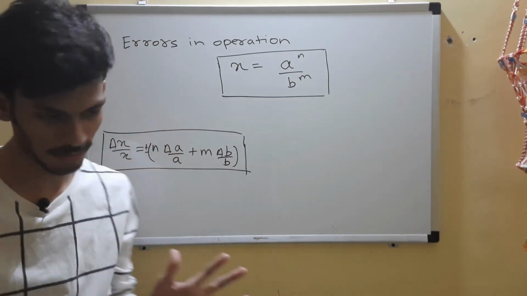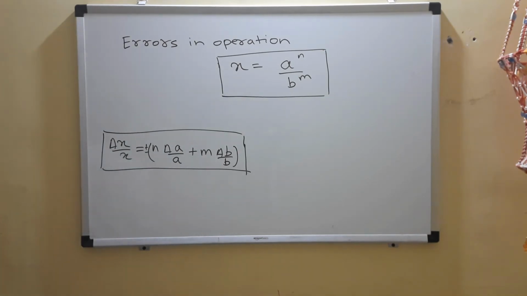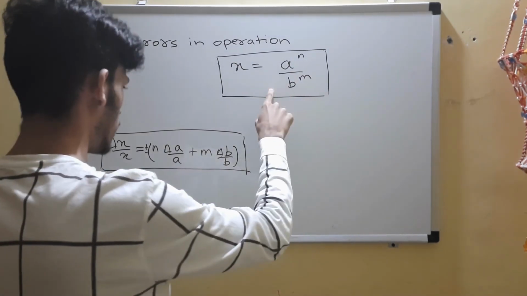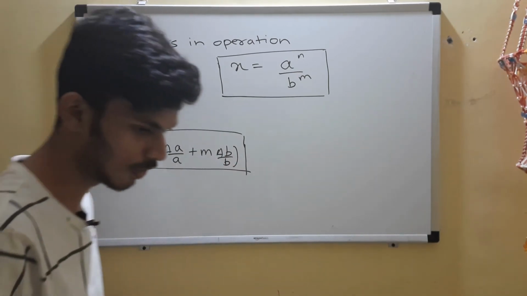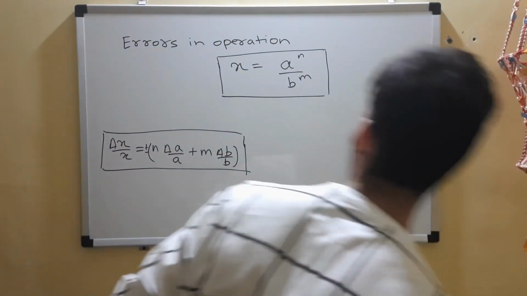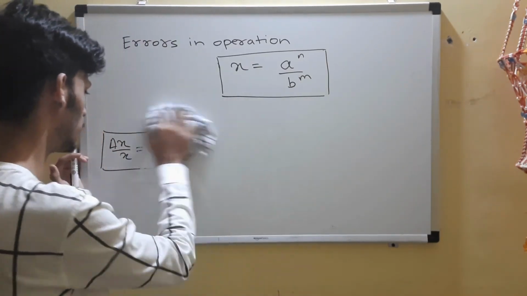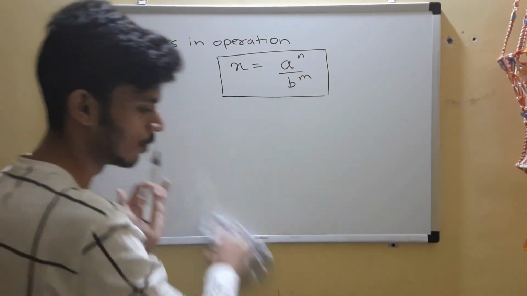Okay, that is the way to learn. Whatever the power, it comes down into the relative error of that quantity. Okay, now we'll prove it. If you are not convinced by the proof, you already know the result, no need to worry.